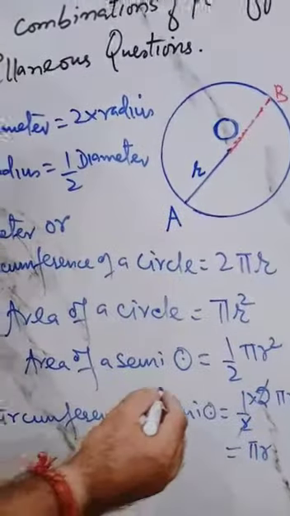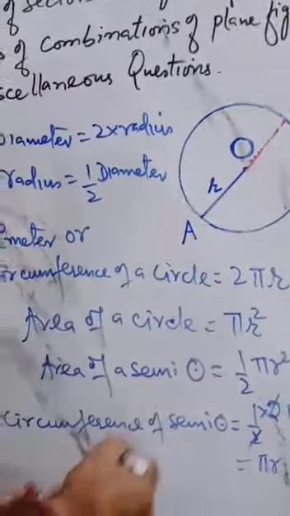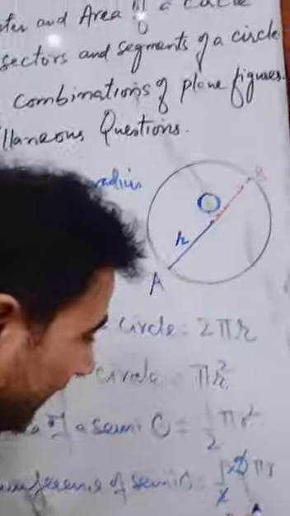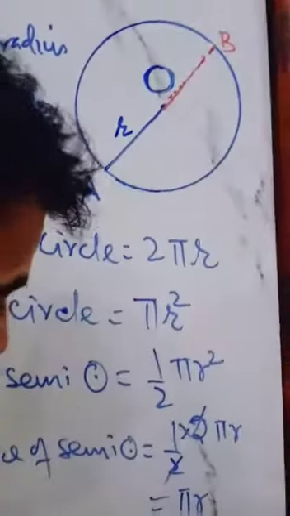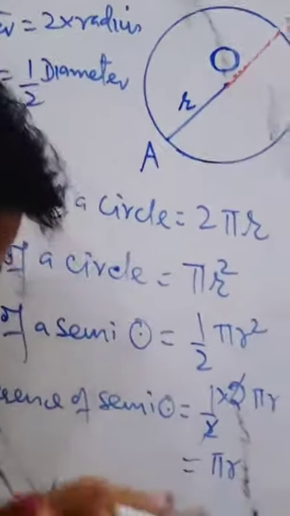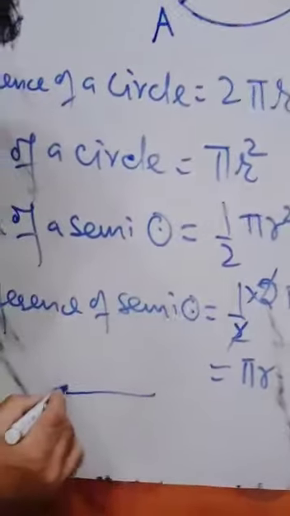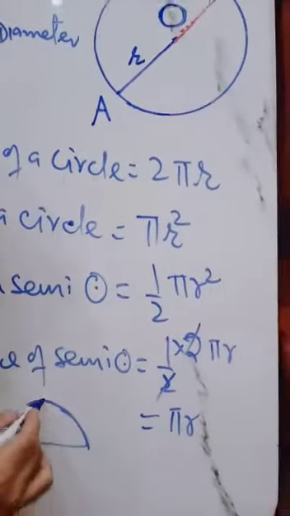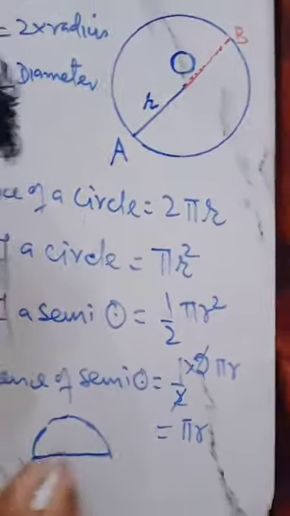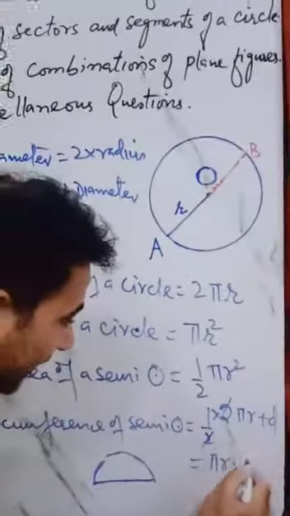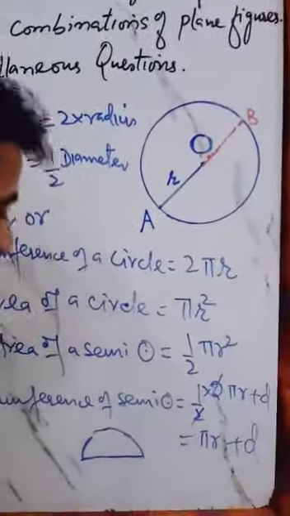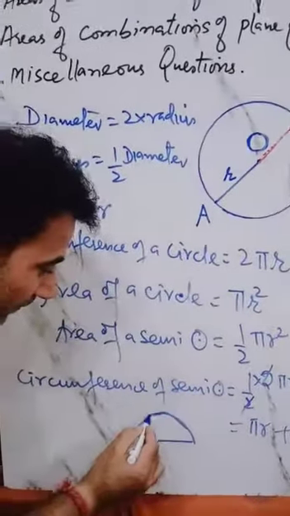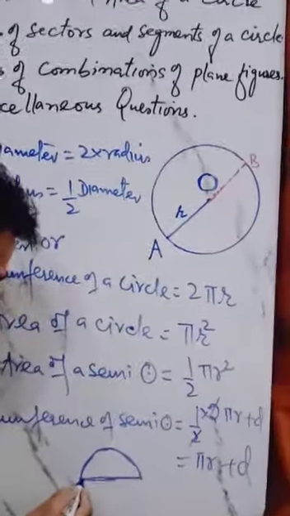But if you have to consider the diameter also, if we have a semicircle like this and we have to find the circumference, the perimeter, then you have to include this diameter also, that means plus d. So pi r plus d, diameter.